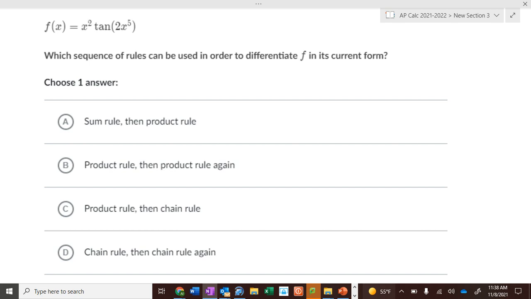Like the product rule and the product rule again, product rule and chain rule and the chain rule again. What do we do for something like this? Okay, so you have to look at this function and not cry.